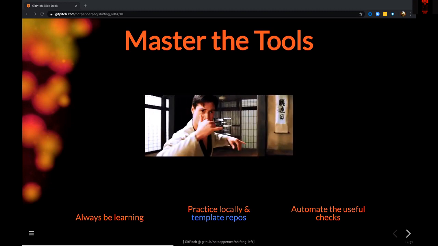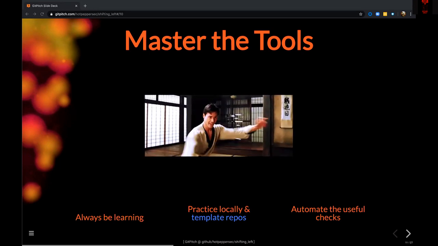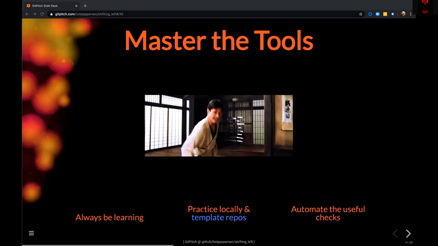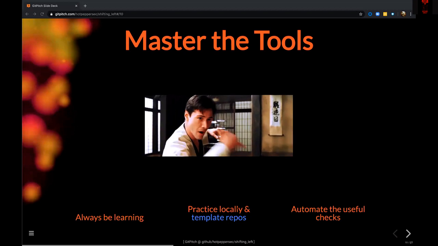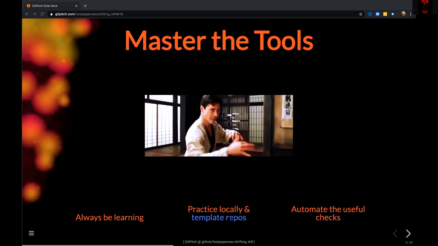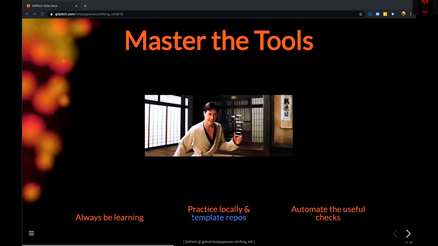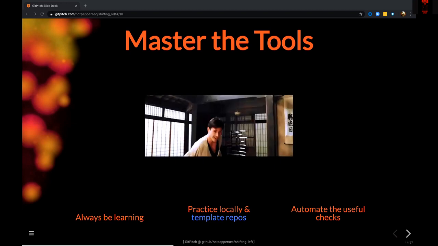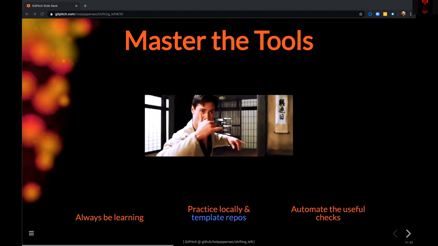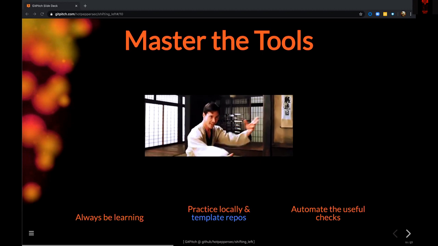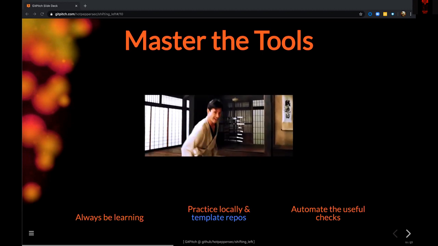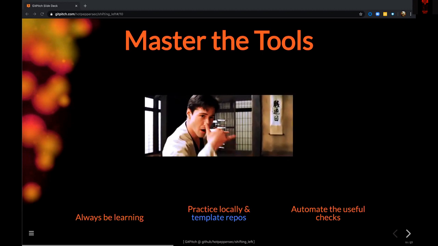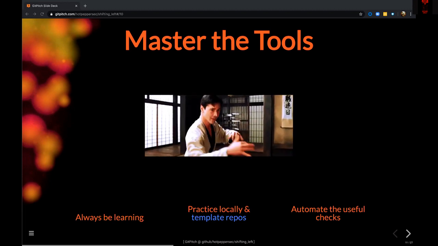One technique I like to do is practice locally. I'll show a little more about this in a second. I practice some of these tools locally, and I use template repos. So what does that mean? I have best practices in one place that I can use. You clone the template repo, and you use that in subsequent projects.